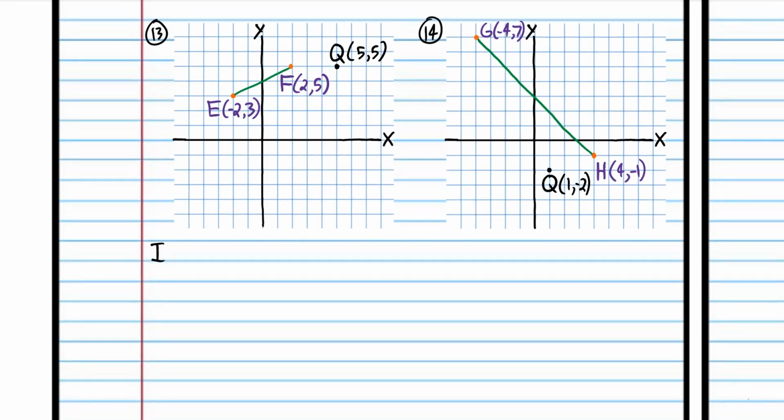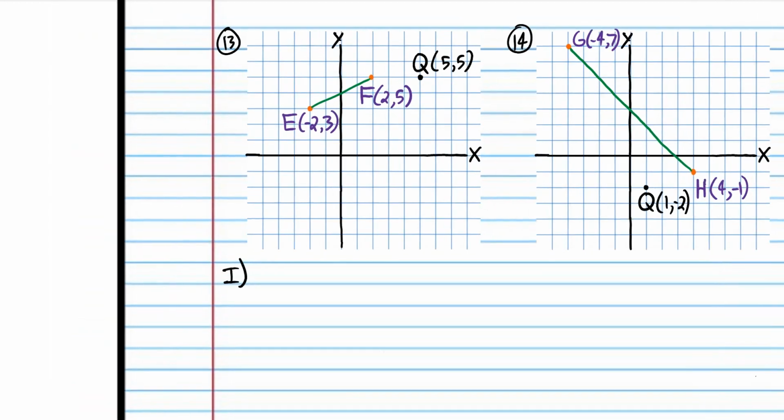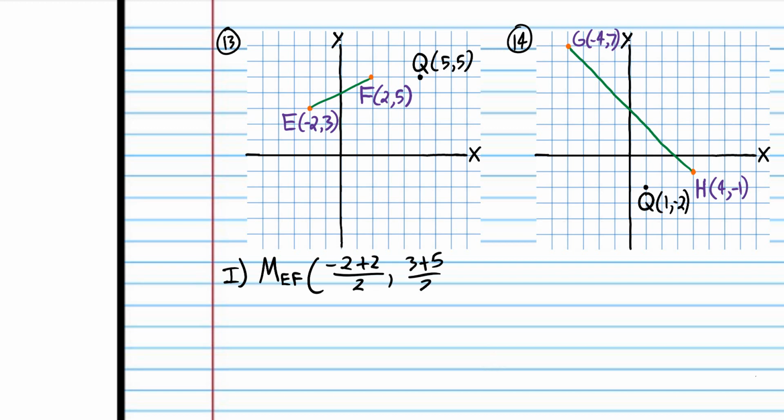All right, we're back. Step 1 is to find the midpoint between E and F. And so we have negative 2 plus 2 over 2, and 3 plus 5 over 2. And we get 0 and 4.